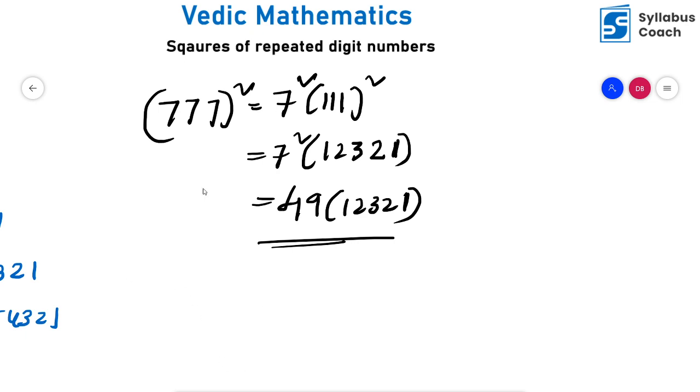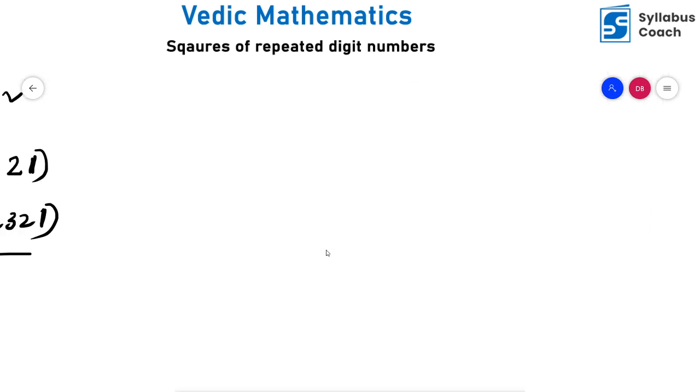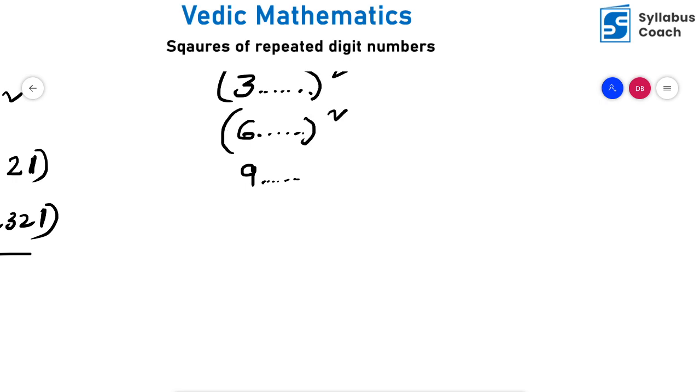Amazing. Now what we can do is, there's a technique to solve numbers which are having the series of 3s, the series of 6s, the series of 9s. When these numbers are squared, there'll be a pattern that is followed. What is it? I'm repeating again.